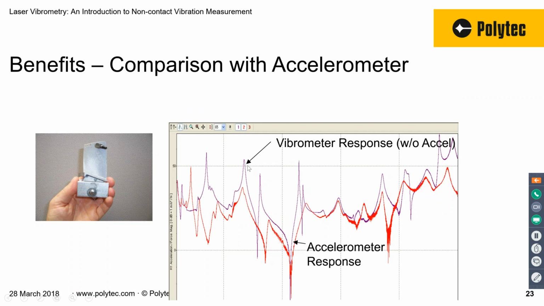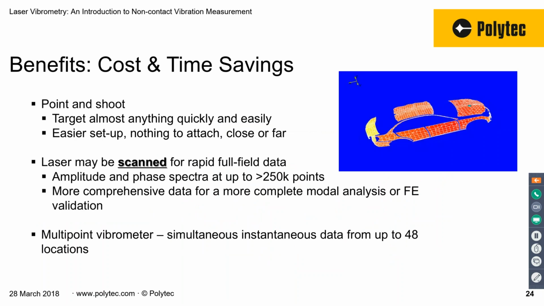You can see that in this case the frequency is not affected, but if you look at some of these other frequencies, they're very strongly affected. Not only are the resonant frequencies shifted, but also the amplitudes of the response are shifted tremendously. So very significant benefits for using a non-contact approach.